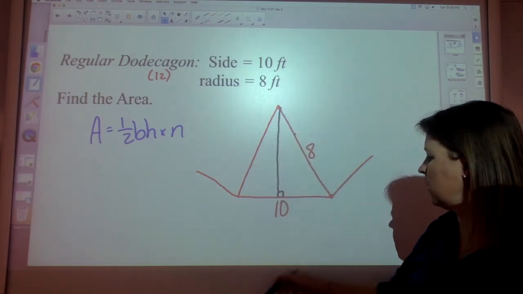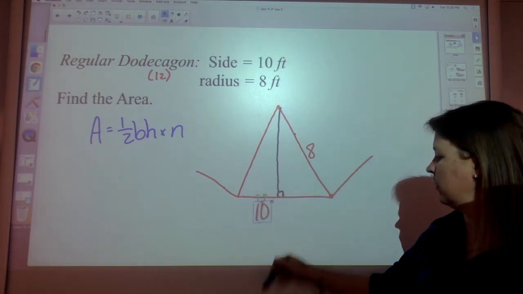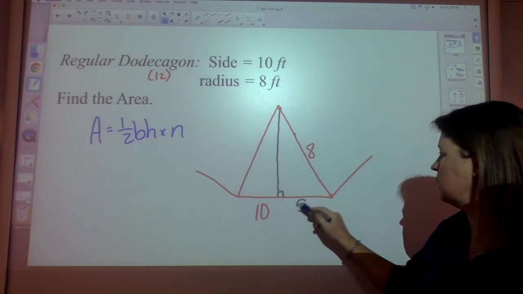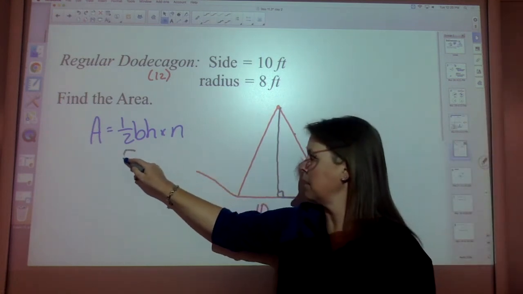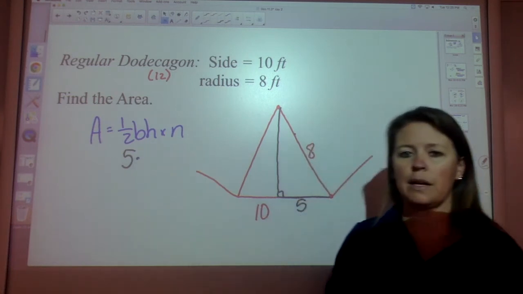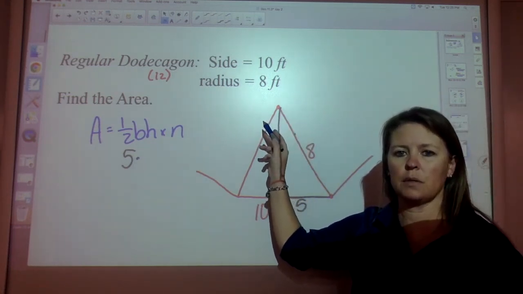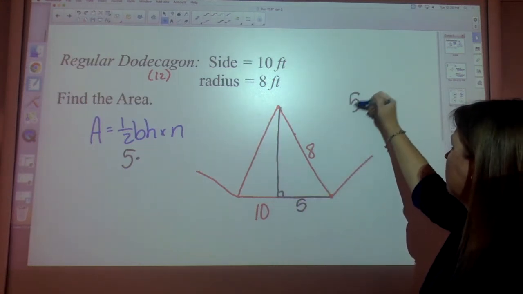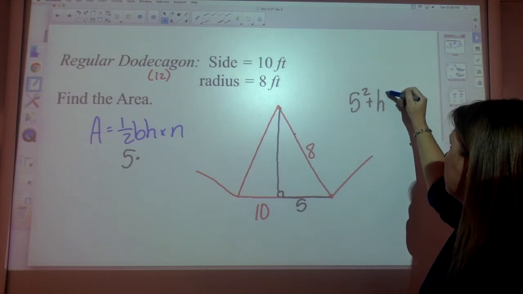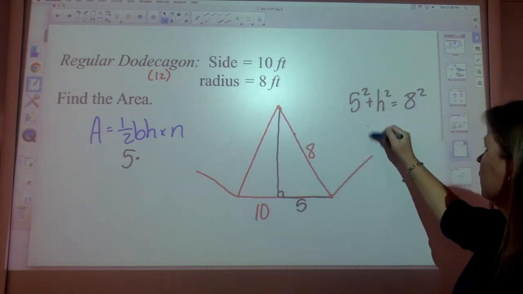Please take a look at what you have first. We have 1/2 the base, and we're looking for the height. 1/2 of the base is 5. We're looking for the height. You don't have to find the central angle. We don't need any trigonometry here. We're going to do Pythagorean theorem. 5 squared plus, I'll use h for height squared, equals 8 squared.